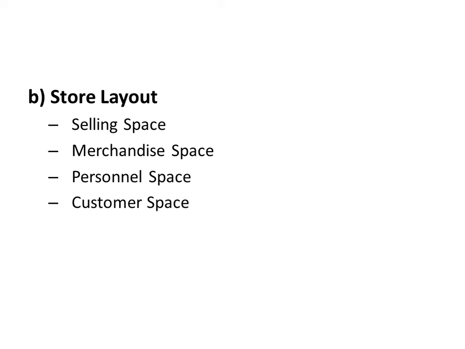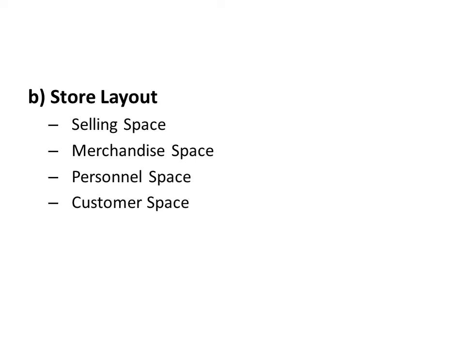Simply, merchandise is all about the storeroom that shopkeepers have, where they have stored the inventory, or the stocks or the items which are pending or remaining. Okay, so talking about the next thing, that is personal space.